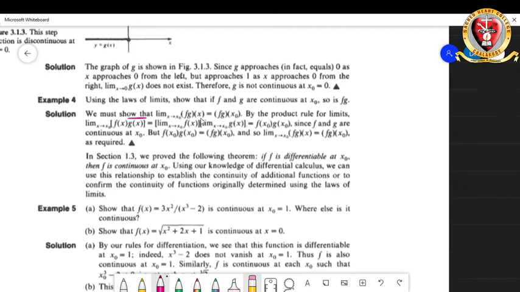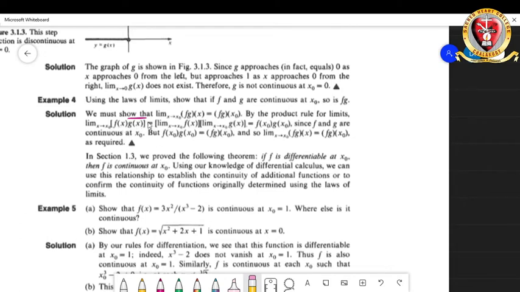So we are taking the LHS. We have the LHS to be equal to limit x tends to x naught f composition g of x, which is nothing but f of x into g of x, right?